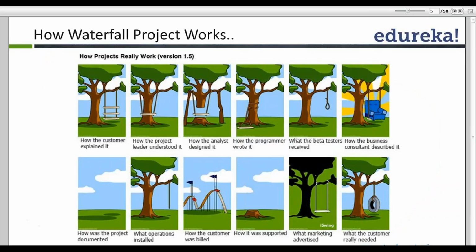Now, as we all know, traditionally projects have been developed using what is called the waterfall methodology. In a waterfall methodology, the customer used to give a set of requirements. The engineering team or the design team used to prepare a high level design document. Then we used to do analysis, then actual software development, followed by coding, followed by testing.